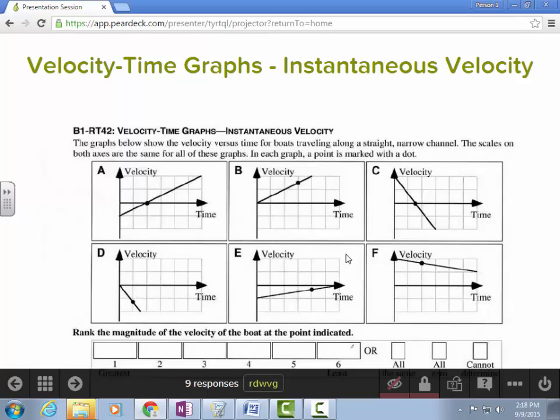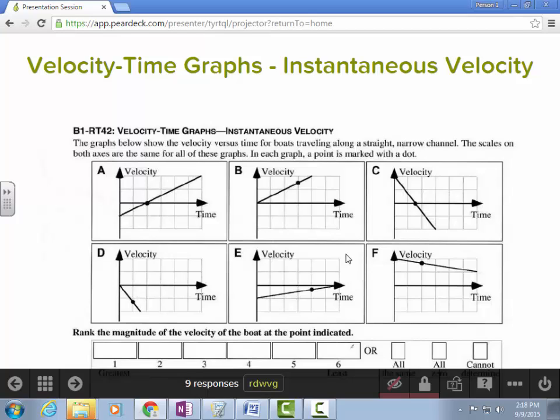Looking at this, I would say, yeah, I mean that's tough. I think they should have done a slightly better job, but I would say F looks the highest. So F is the greatest, and what's next? Be careful, because it's asking the magnitude, and the magnitude means absolute value.